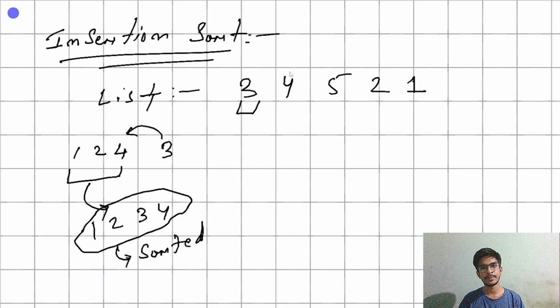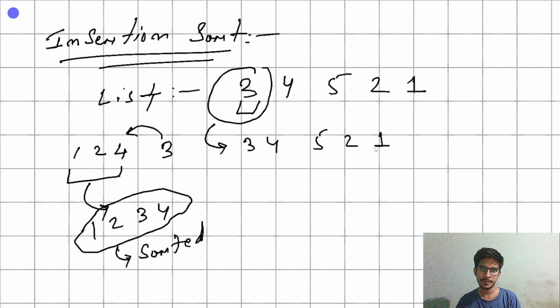Suppose we have a list with only 3, and we have to insert 4 into it, and we want the outcome to be sorted. We insert it after 3, so it becomes 3, 4, 5, 2, and 1. Now 3 and 4 is the new sorted list.